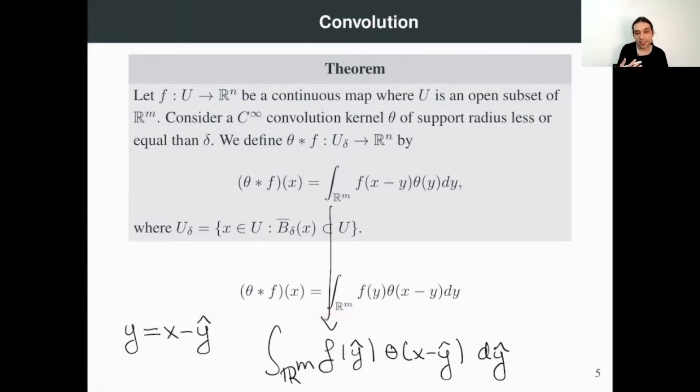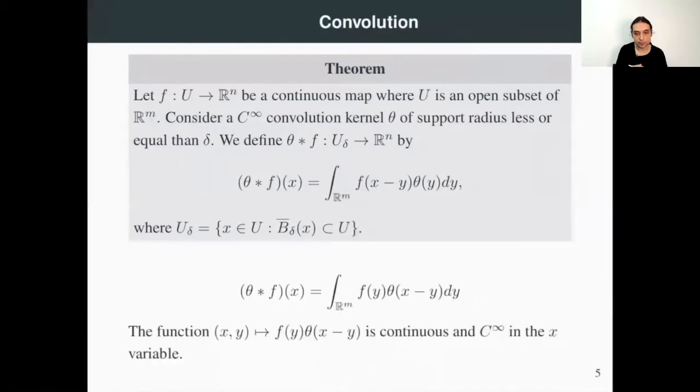And this formula is, in some sense, a little bit better than the formula we used to define the convolution initially. And why is that? Because when you consider the first expression, it's just a continuous map. But we cannot say, for instance, that it's C infinity in the variable x, because f is not C infinity, it's just a continuous function.